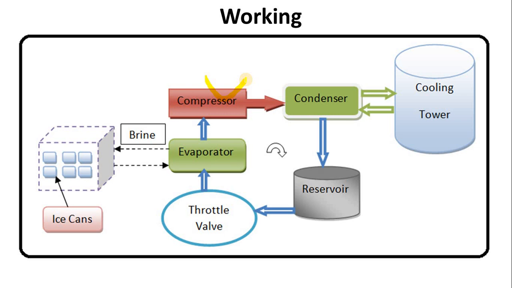After that, the same high pressure, high temperature vapor refrigerant enters the condenser. The condenser is the part in which the latent heat of condensation is rejected and the phase change of ammonia takes place from vapor to liquid state by rejecting latent heat to the atmosphere. The most important associated element of the condenser is the cooling tower.